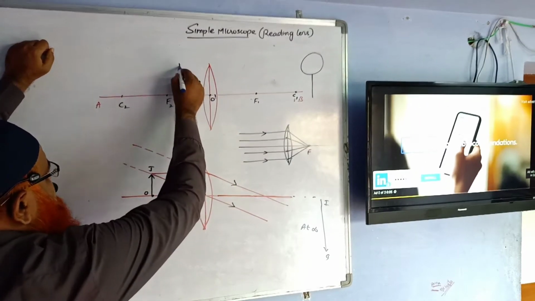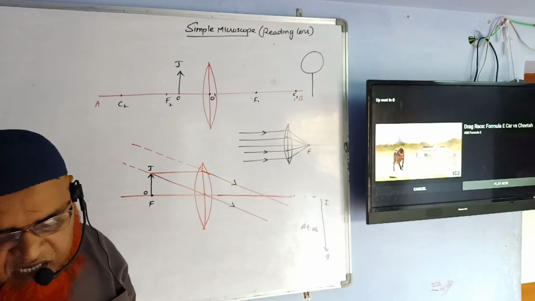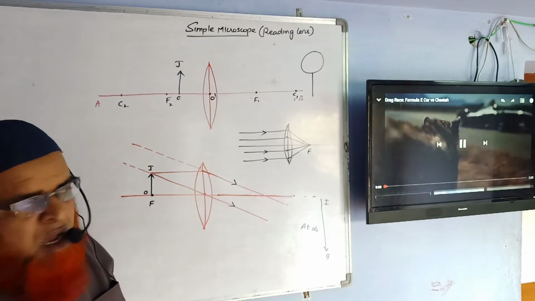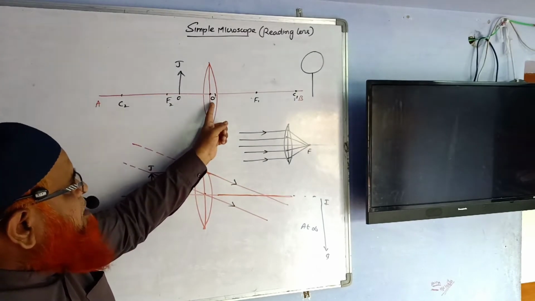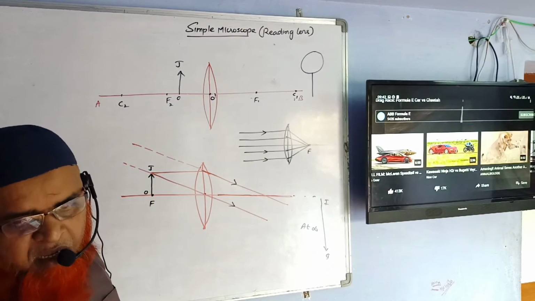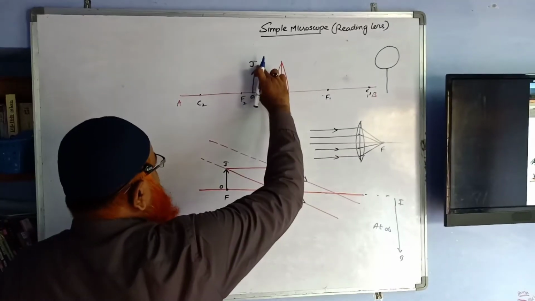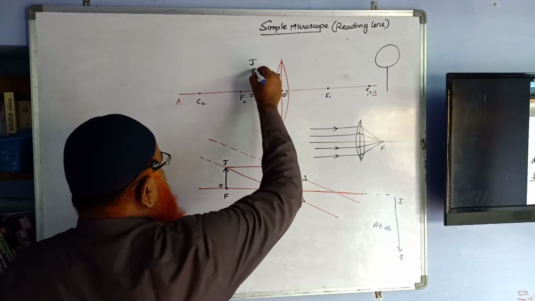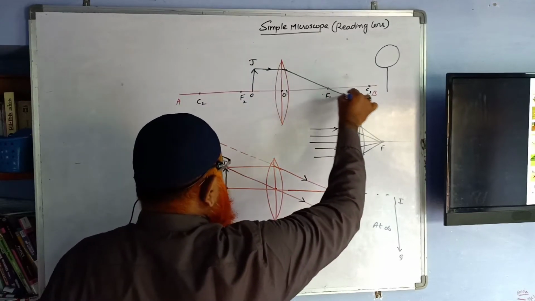Now, I am considering an object OJ here, in between the focal point and optic center O dash. This is an object. So when I am considering this object, definitely a parallel beam of light ray has to pass through the focal point here.